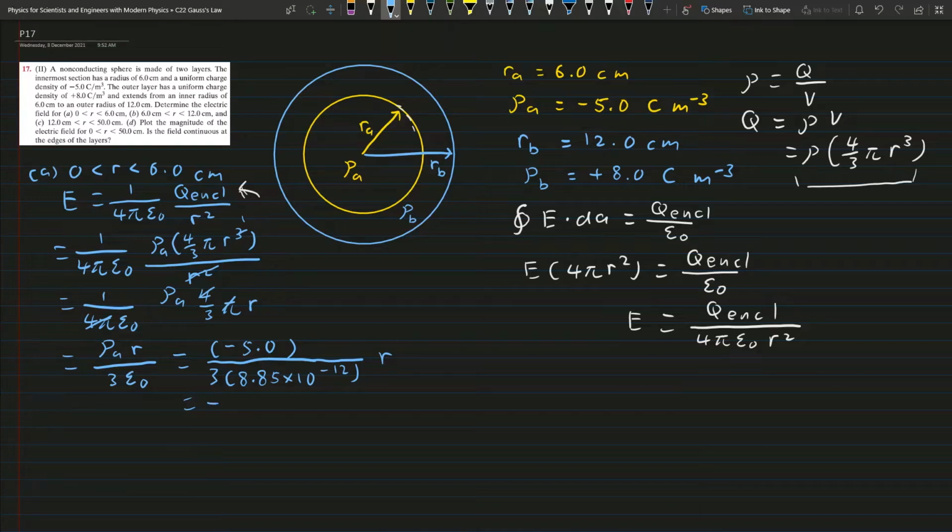I get negative 1.883 times 10 to the 11 Newton per meter times r, and the final unit will be Newton per coulomb. This is the answer for this question.